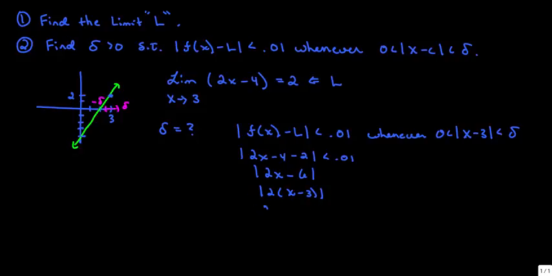We can pull the 2 out. What we're trying to do is make the inside look like this guy over here, and we've done that. You should always be able to do that when you're working with these epsilon delta proofs. So our epsilon value is 0.01.